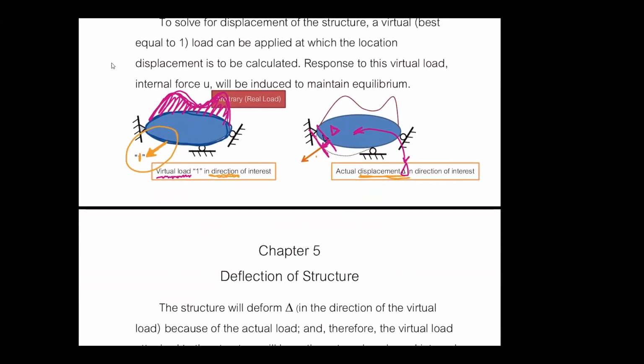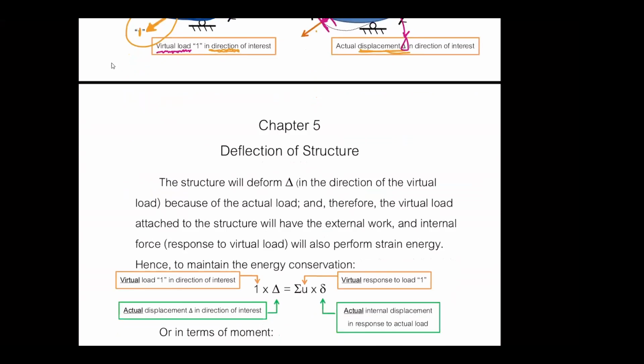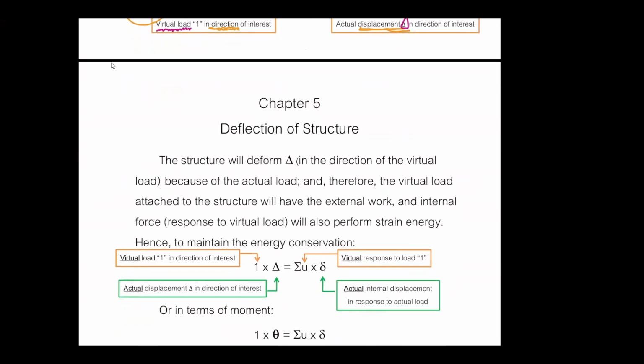Now, I already said this: the structure will deform by delta because of the actual load. See? So the virtual load will have the work. The work done by the virtual load, what you call the virtual work, becomes the external virtual work.